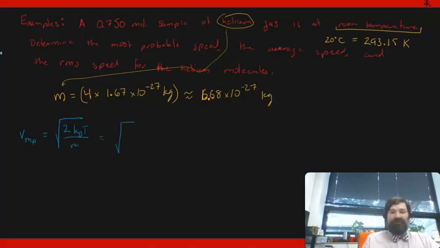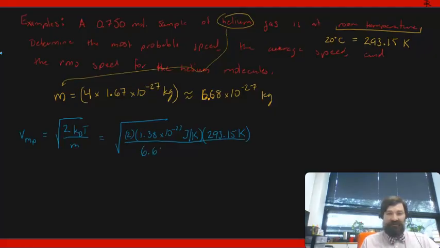So we're looking at the square root of 2 times 1.38 times 10 to the negative 23 joules per Kelvin times 293.15 Kelvin divided by the mass that we found up here, 6.68 times 10 to the negative 27 kilograms. All right, so that's what you'd be plugging into your calculator.